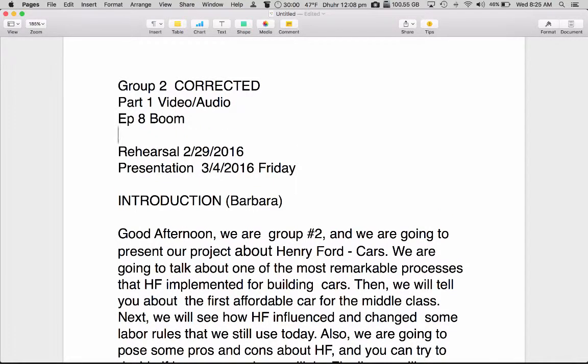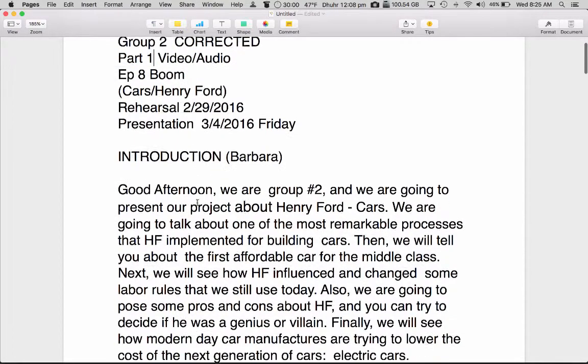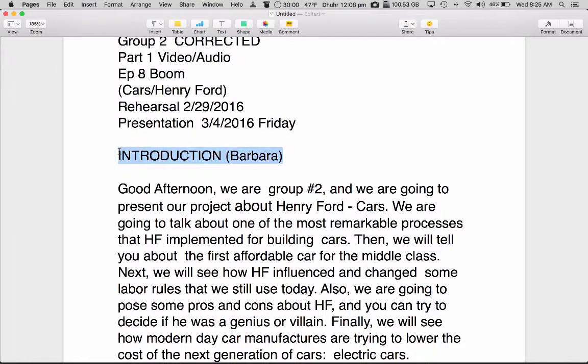And this is group 2, and their topic is cars, Henry Ford. And this is part 1 that we're doing now. And this is the introduction by Barbara.